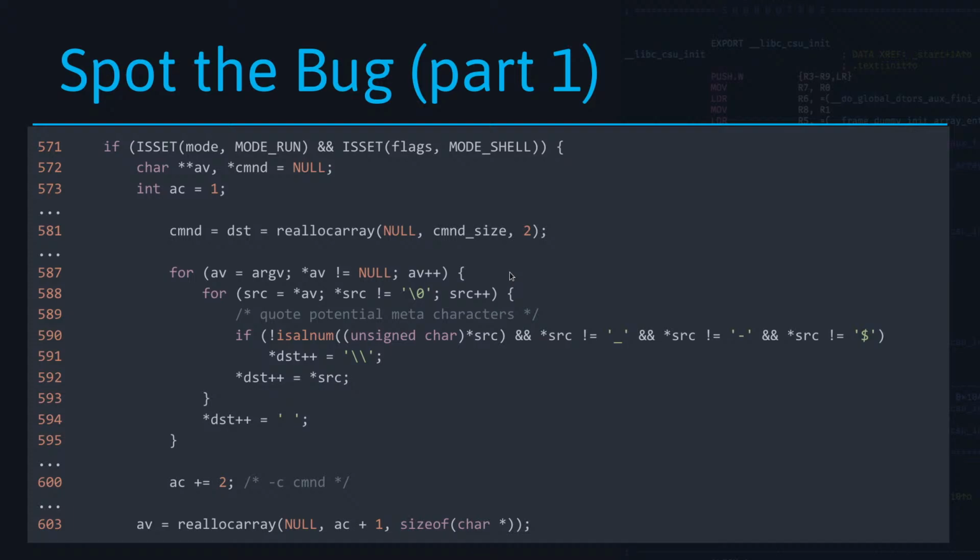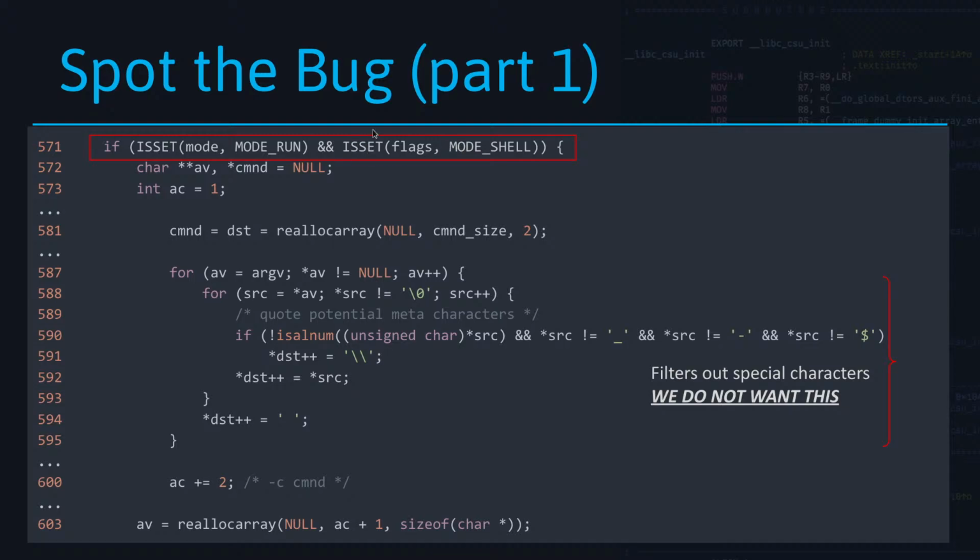So for this first section of code, I wanted to highlight a couple of pieces here. The first is we're checking these different flags. If you remember before, we were talking about a mode run when you're just using sudo without that -e flag. And then we also have that mode shell, which is enabled when you use that -i or -s flag.